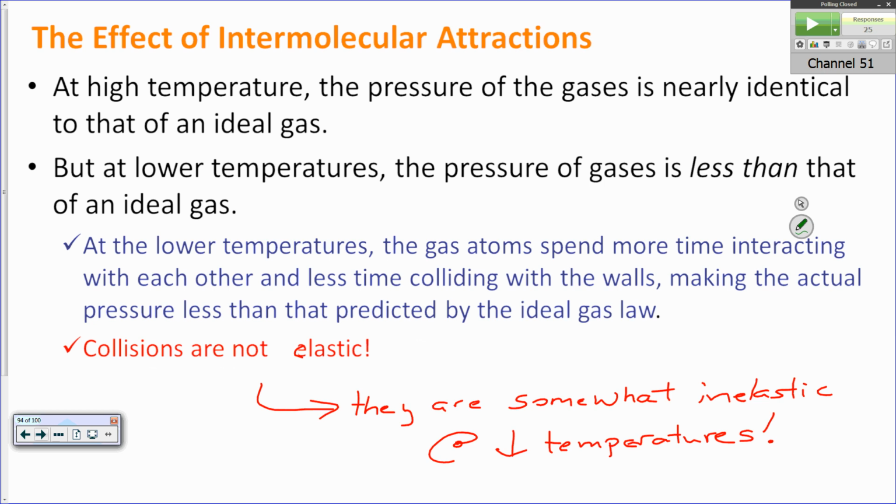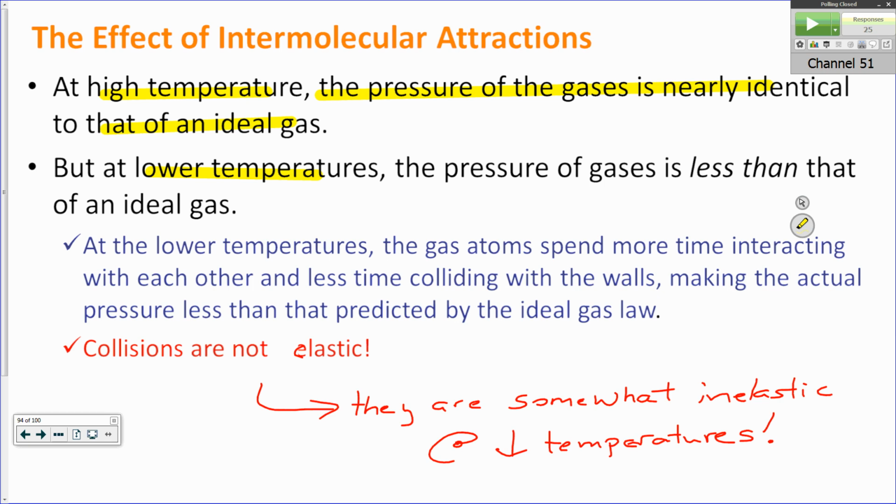Now, the other thing that became a problem is that when they did measurements at high temperatures, things behaved just like they expected. The gases are nearly identical in behavior in terms of pressure to that of an ideal gas. The issue became when you reduce the temperatures and you slowed the molecules down.